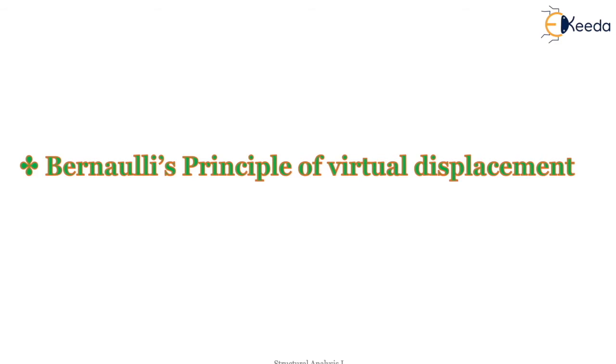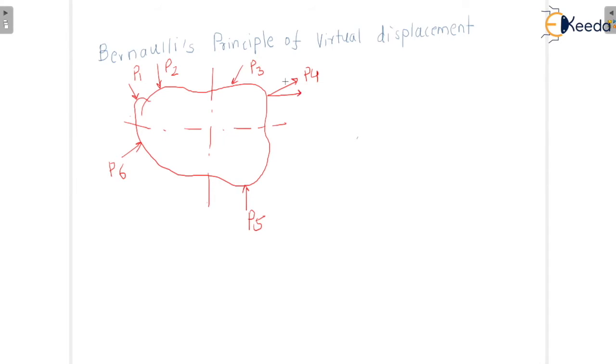Each load will have some x components and y components. We are going to use three important equations: summation of forces in x direction is 0, summation of forces in y direction is 0, and this particular body is also carrying some moments, let us call them moment 1 and moment 2.